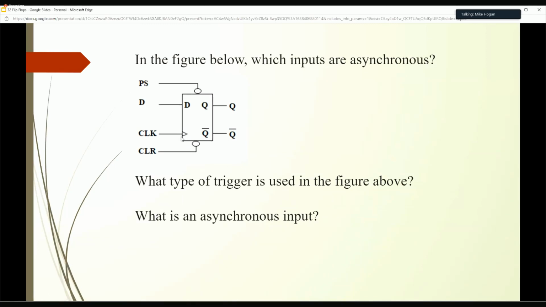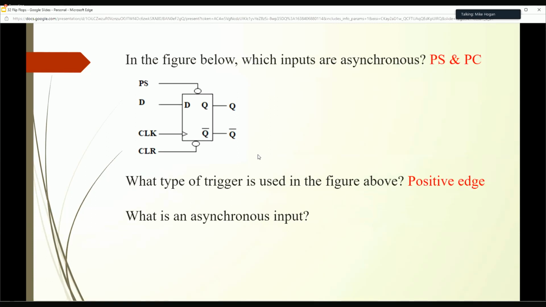We're going to have that positive edge so that we can trigger, and the timing be even closer together. And then, what is the asynchronous input? Well, that just means that those inputs are going to be used outside of the clock pulse. It doesn't have to have a clock pulse in order to impact the output.